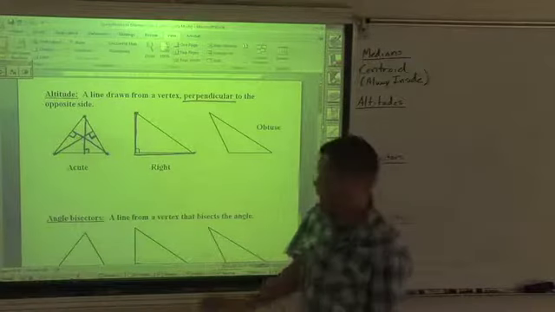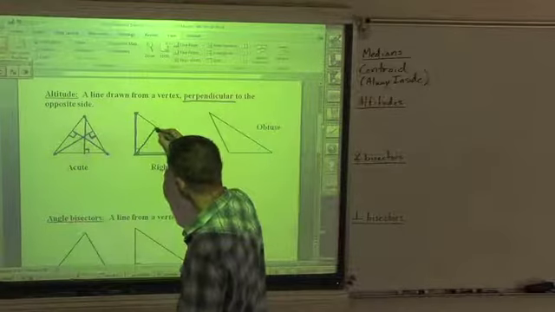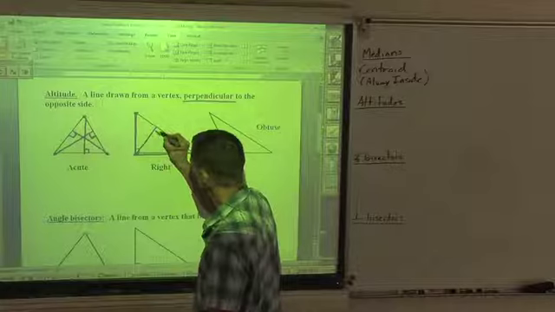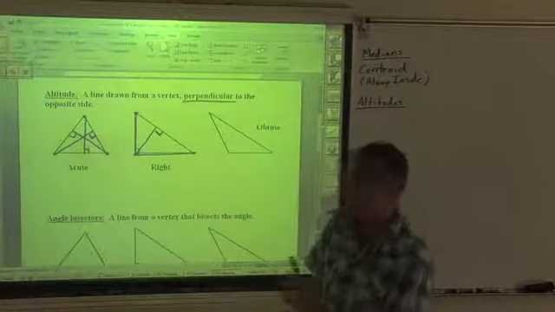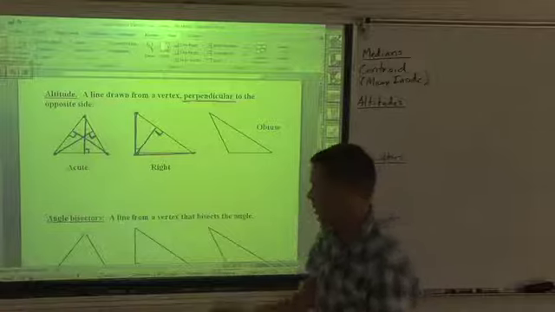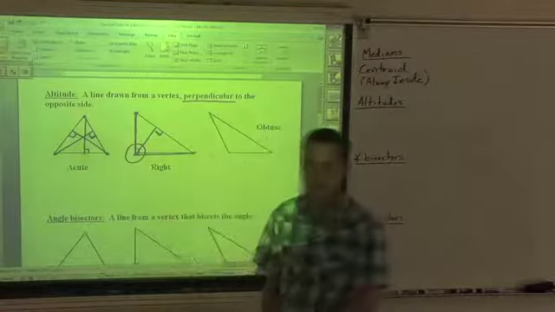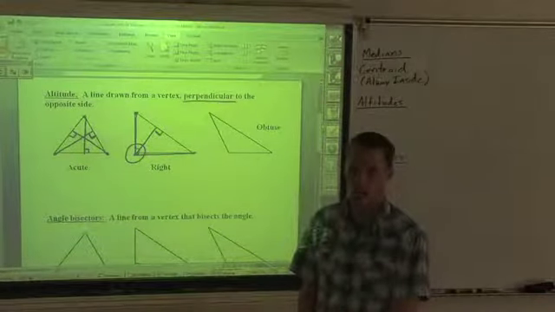The only side we have to work on is that one there. Now, all three of these altitudes are still coming together at the same point. They happen to be coming together right there on the right angle of the triangle.